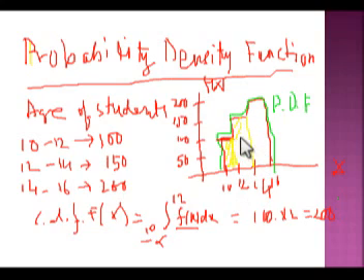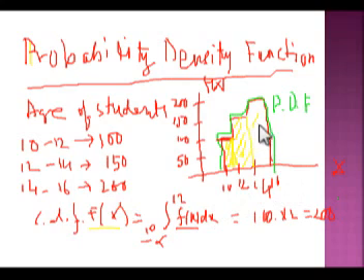It will be just 200, and here we will get 300. So 500 you will get for this cumulative distribution function. And at last, if you go up to age 16 and find the distribution function, then you will get 900.